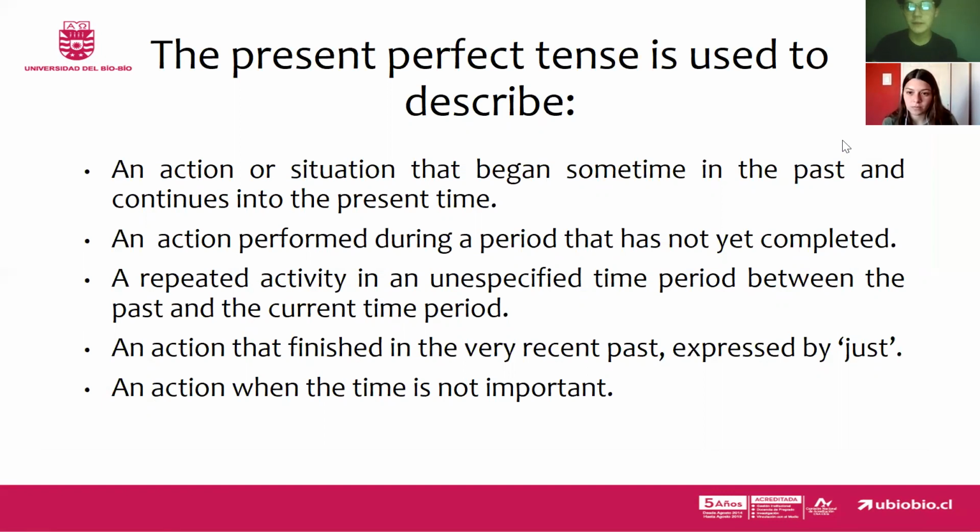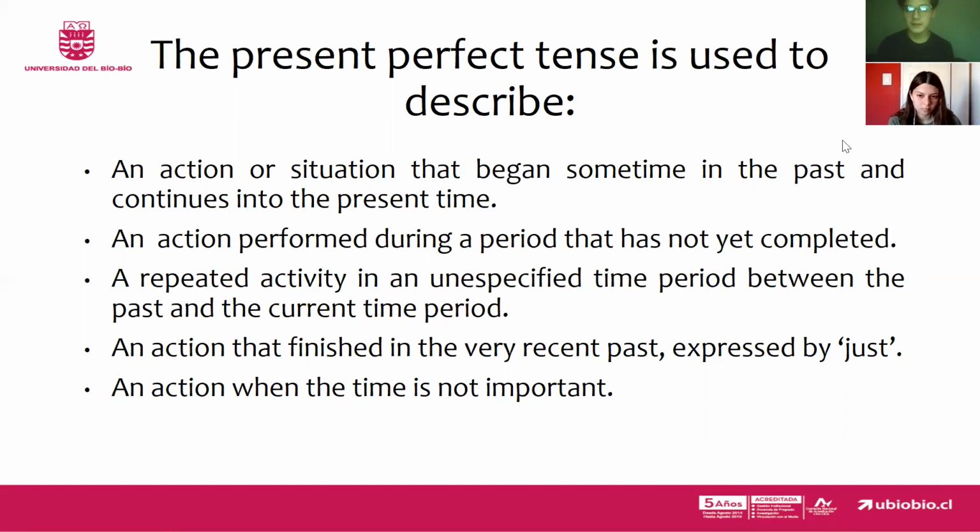Well, here are some usages of this tense. As I told you, it's an action that began in the past, but it's still being in the present time. Another example could be an action performed during a period that has not yet been completed. So it's something that you have started, but you haven't finished yet.